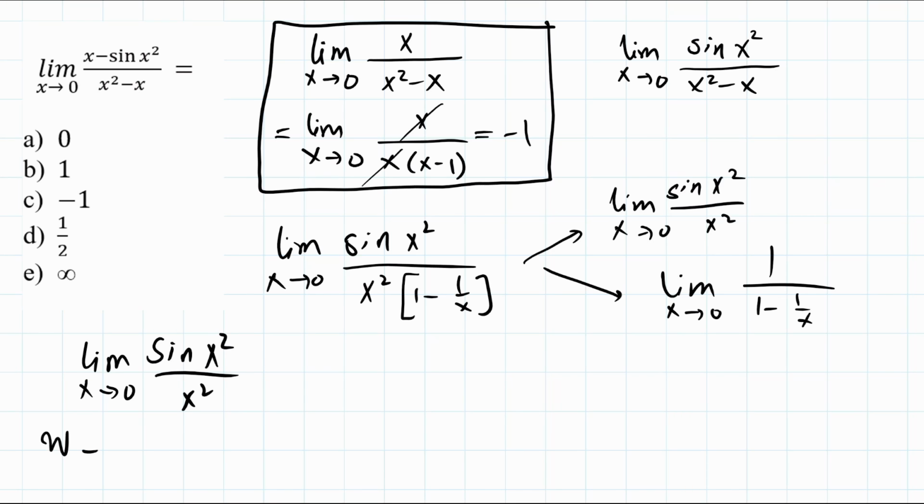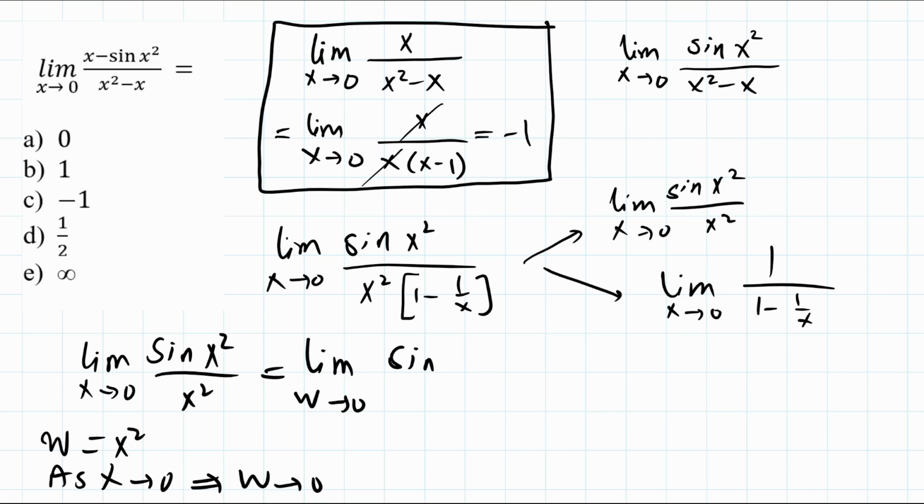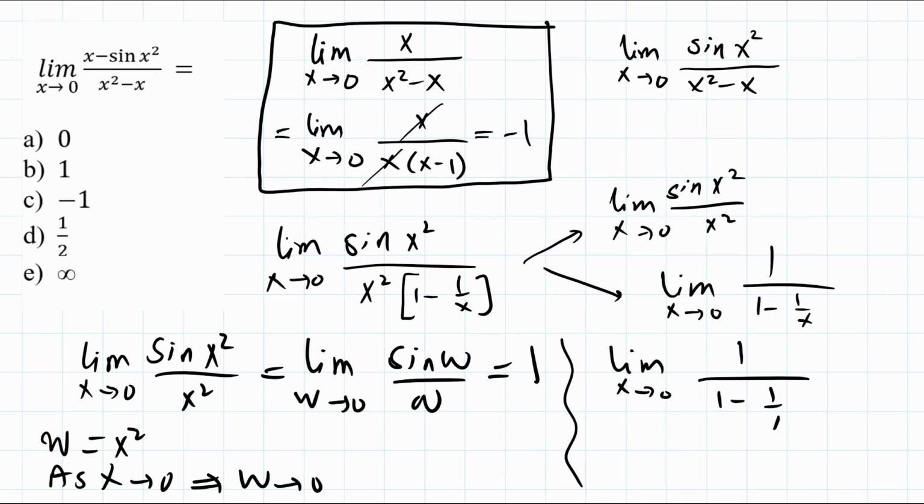The first limit, by a simple substitution, given by w is equal to x squared, so as x goes to 0, also w will go to 0. So this limit could be written as the limit as w goes to 0 of sine w over w, which is the famous limit equal to 1. Now the second limit here, the limit as x goes to 0 of 1 over 1 minus 1 over x.